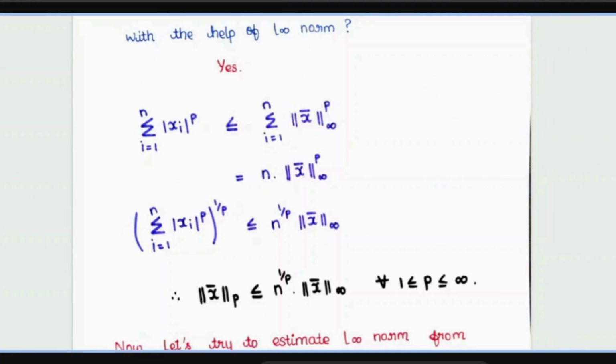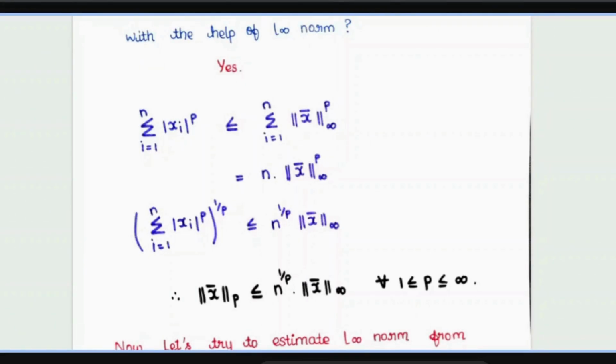So it will be n times L infinity norm of x bar power p. Taking the 1 by p root, we will get Lp norm of x bar is less than or equal to n to the power 1 by p times L infinity norm. So now we estimated all the Lp norms in terms of L infinity norms.